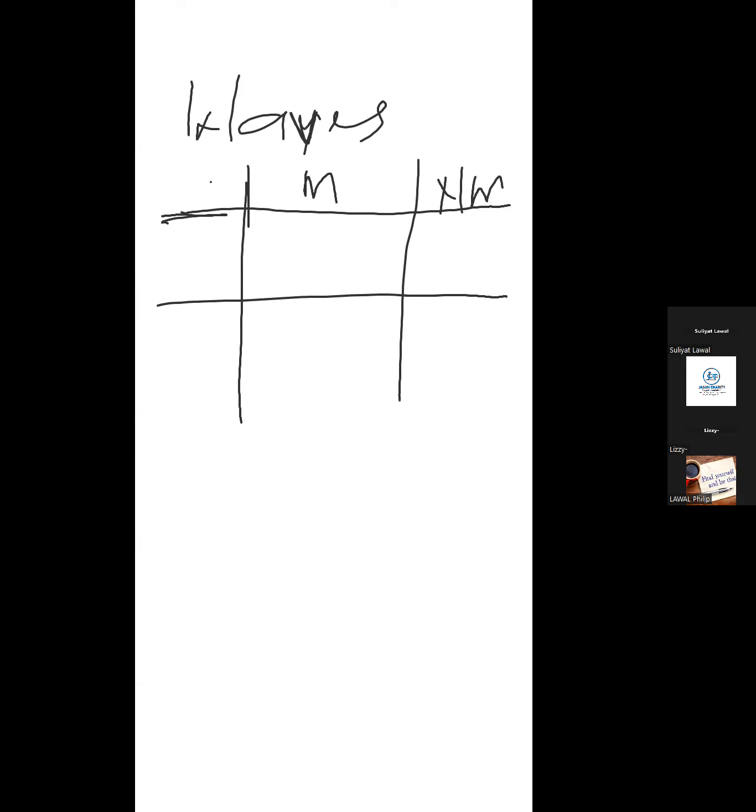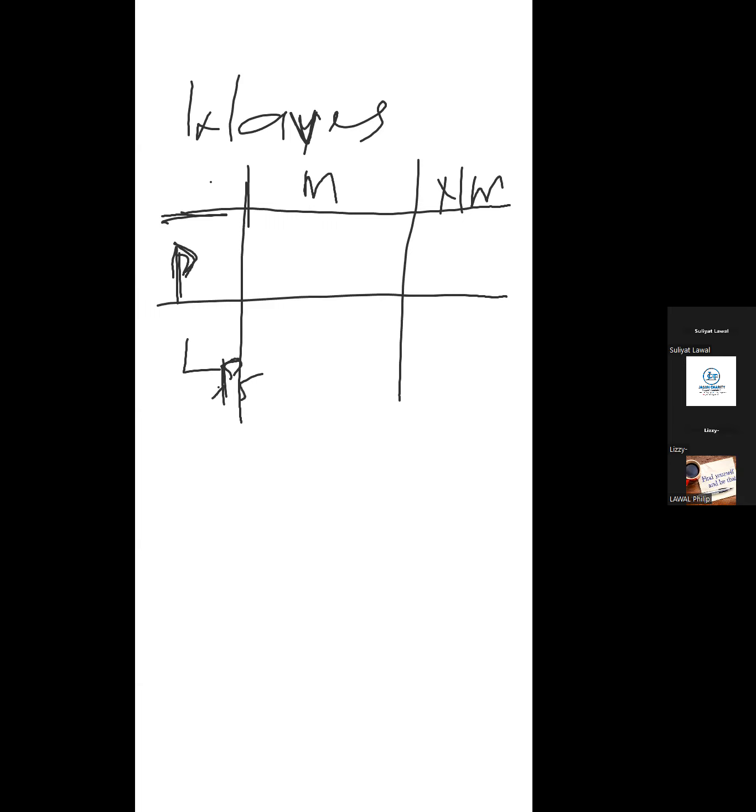Direction can be P for perpendicular, or L for linear, or linear or parallel or same direction, LPS.